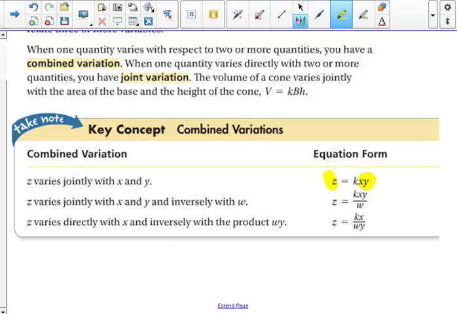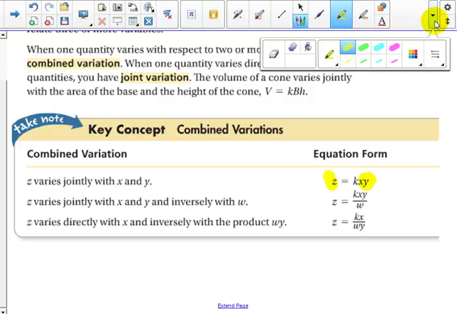And then the next one: z varies jointly with x and y and inversely with w. So z with x and y, and then inversely with w. In the third one, z varies directly with x and inversely with the product wy.